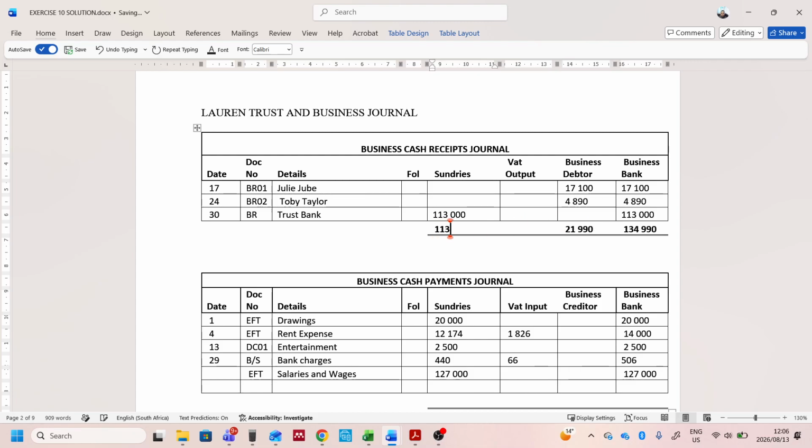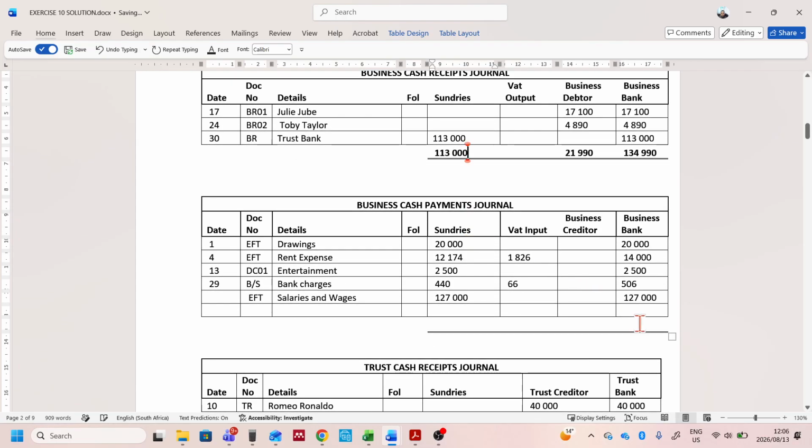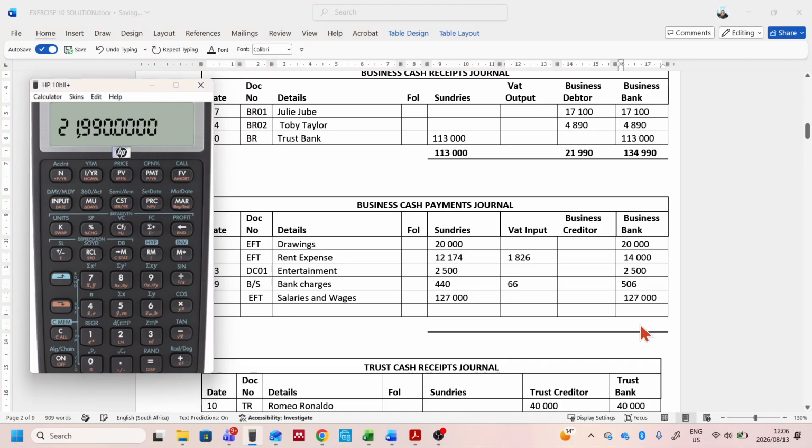Sundries, 113,000. So you're gonna do this for all the books. 20,000, 14,000, 2,500, 506, plus 127,000, 164,006.